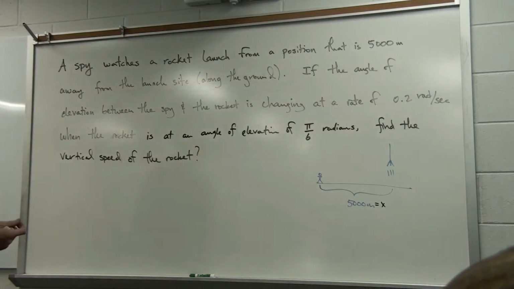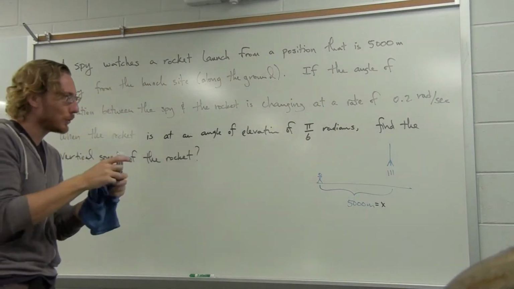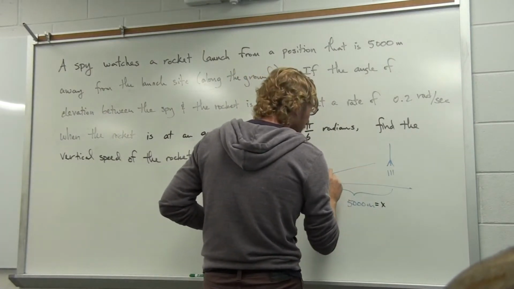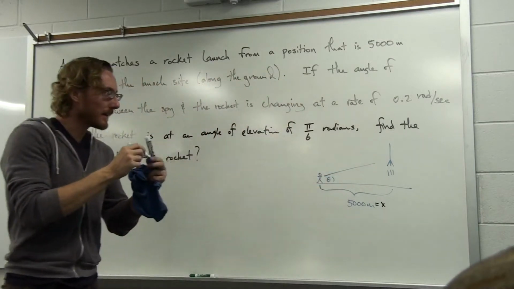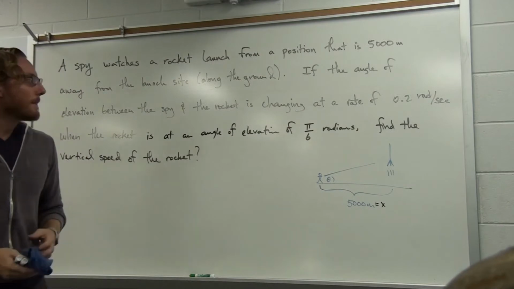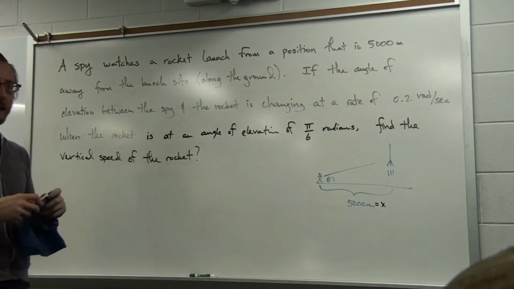Okay, now, if the angle of elevation between the spy and the rocket is changing at a rate of 0.2 radians per second, imagine here, as the rocket is rising, that angle theta between him and the rocket is going to be changing. And imagine that angle is changing at a rate of 0.2 radians per second.